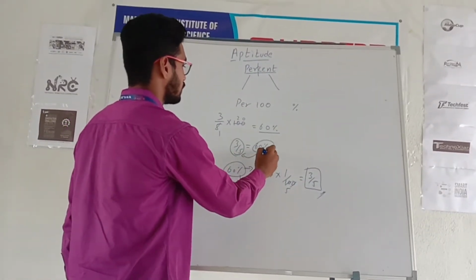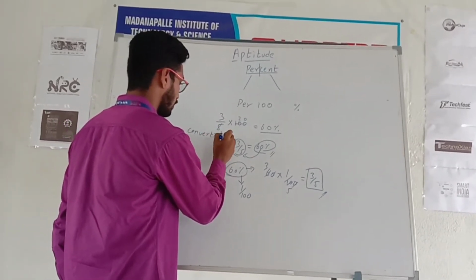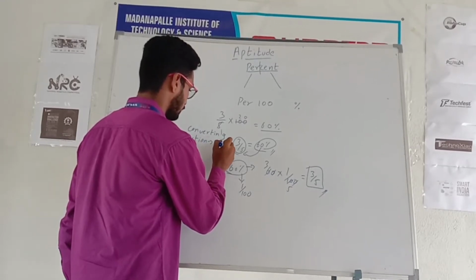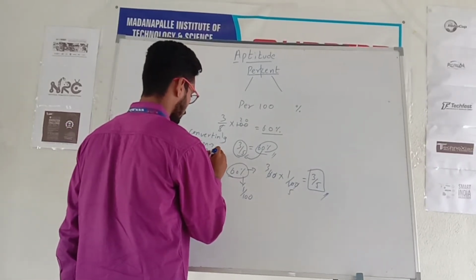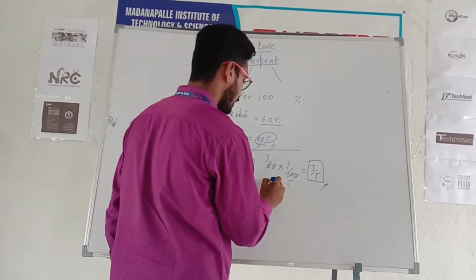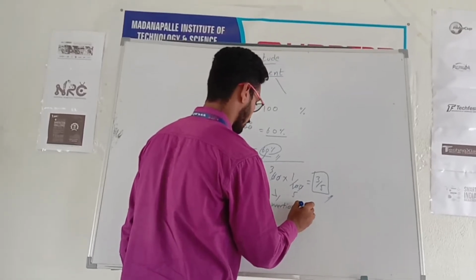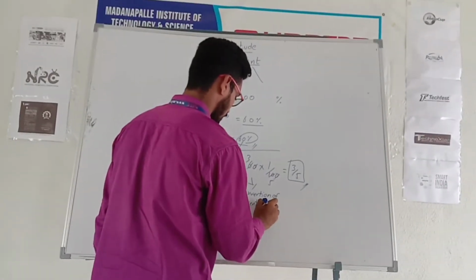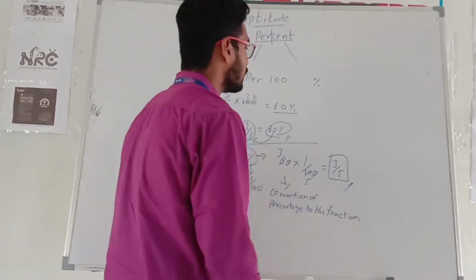Here you have seen converting a fraction to a decimal, converting a fraction to a percentage, and in this example we learned converting a percentage to a fraction. These are the basic examples.